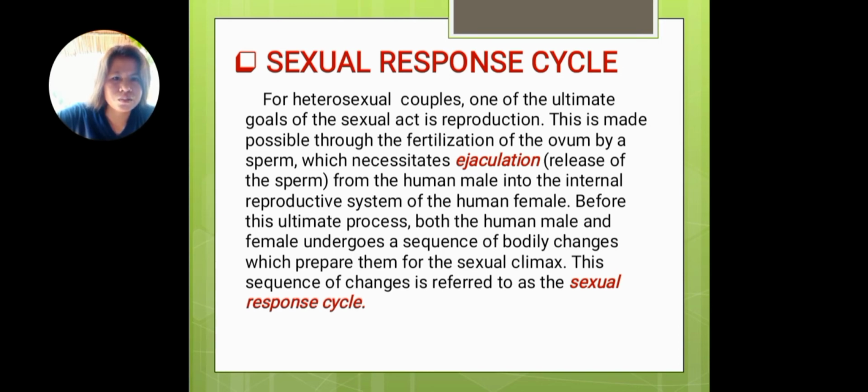Before this ultimate process, both the human male and female undergo a sequence of bodily changes which prepare them for a sexual climax. This sequence of changes is referred to as the sexual response cycle.